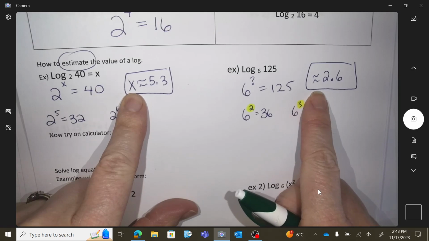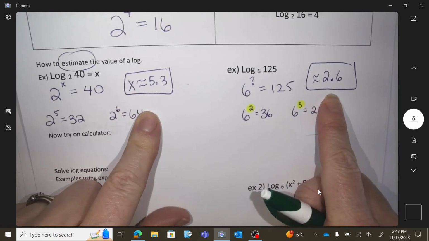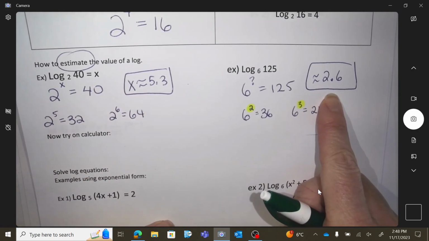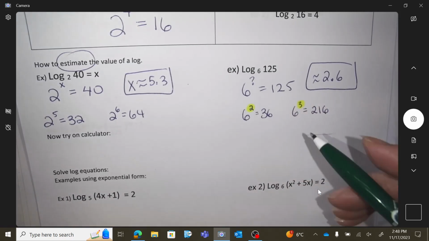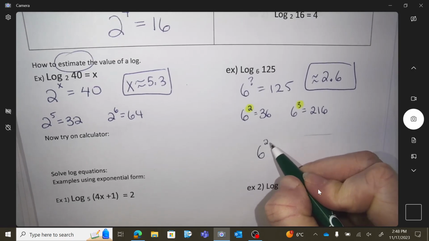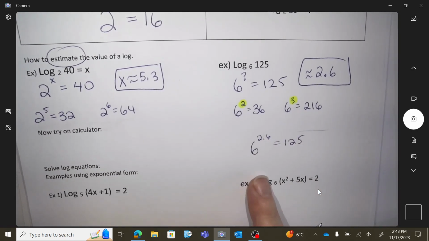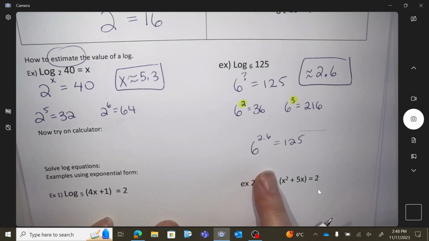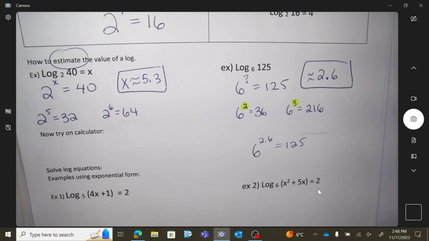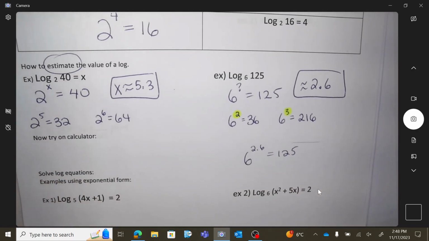So if you wrote me x equals 2.6 on this one, I have to deduct 2 points. I also get people who write 6 to the 2.6 equals 125. This is also a deduction in communication, because I just want a number that the exponent is.